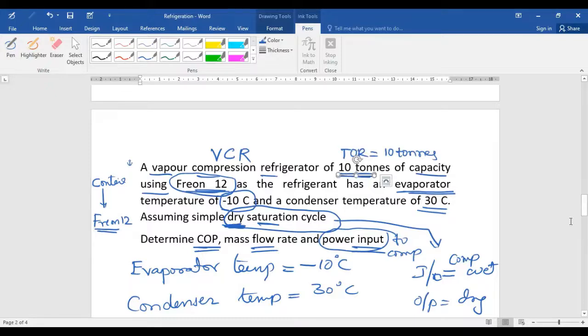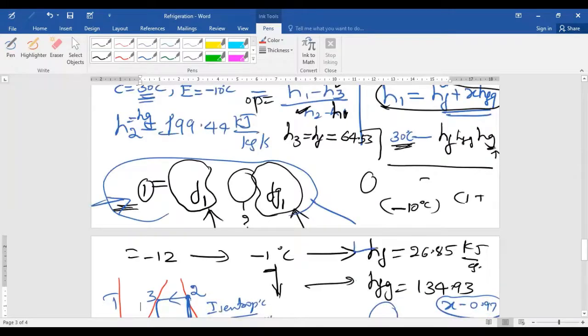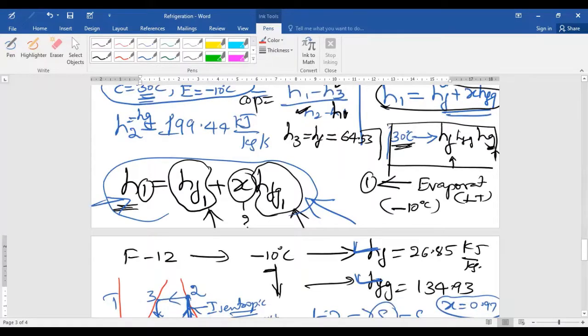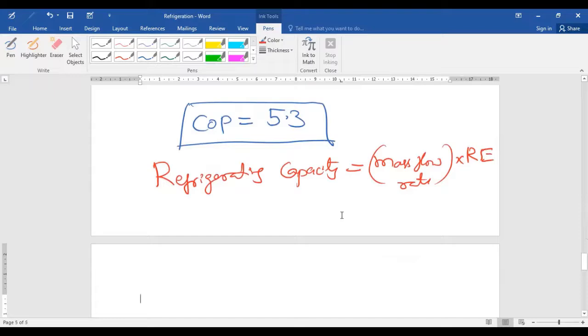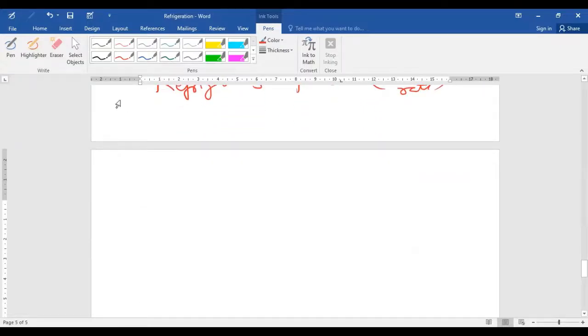Okay. So look at the board. Let me go to the last page. Here I will take a new page. So in the given numerical, the refrigerating capacity is 10 tons. 1 ton is how much? 1 ton is 210 kilojoule per minute.